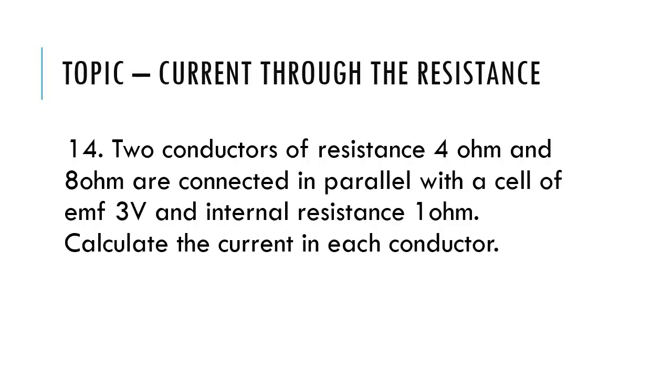Question number 14. Two conductors of resistance 4 ohm and 8 ohm are connected in parallel with a cell of EMF 3 volt and internal resistance 1 ohm. Calculate the current in each conductor.